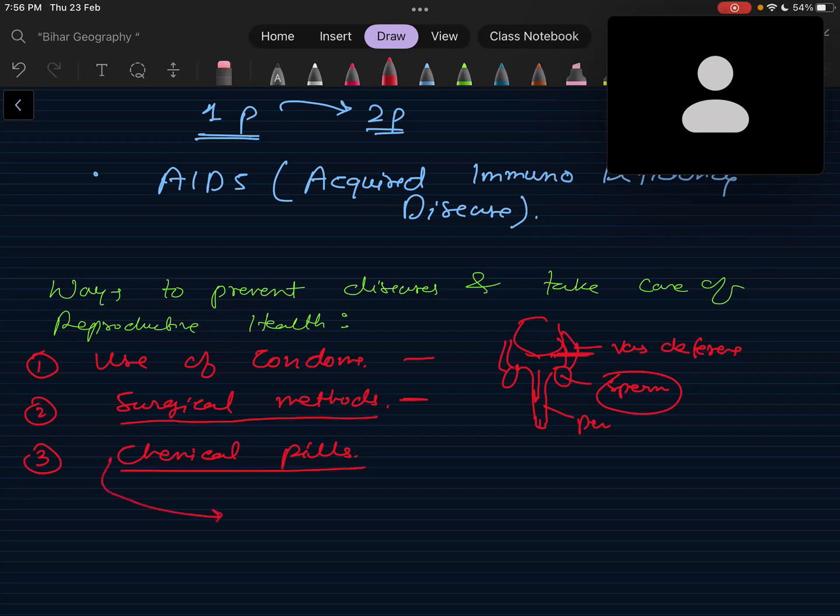Chemical pills are the drugs or medicines taken to avoid the release of sperm during reproduction, or to avoid the release of the ovum during reproduction. So if the male and female partners mate, and they have taken chemical pills, the sperm or the ovum will not be released.